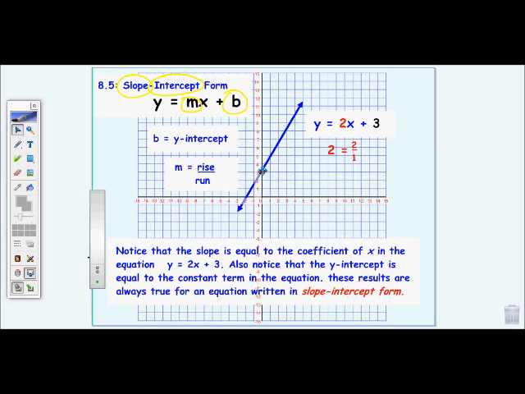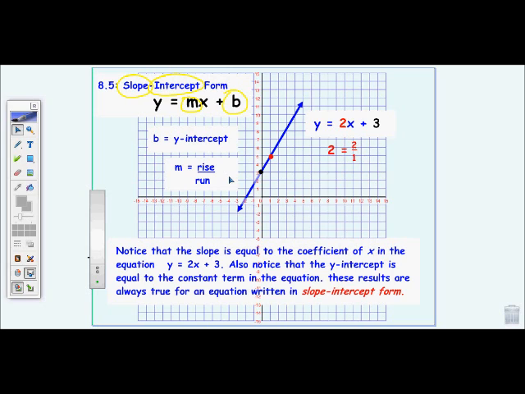So that would be 2 over 1. So I'm going to go up 2 and over 1. Does that land on the line? Yes, it does. So this equation here, y equals 2x plus 3, is the equation for this line in slope-intercept form. Okay, does that make some sense?